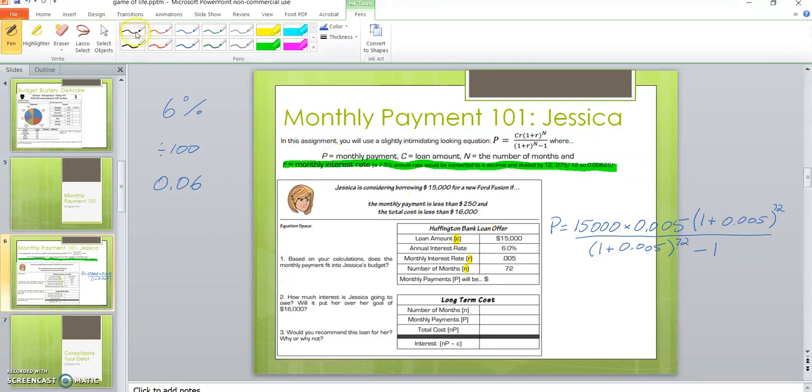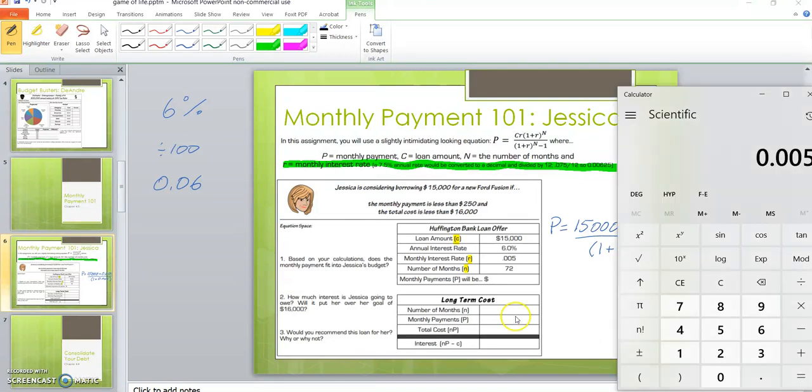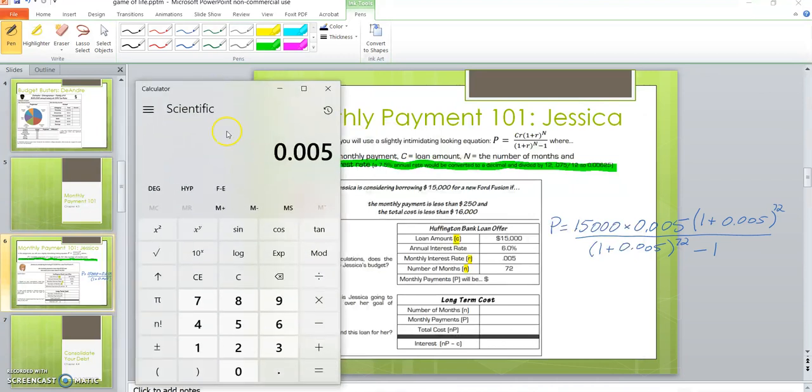A very important thing to remember in this equation is that we are going to be doing the brackets first. So I'm going to take out my calculator and type in what's in the brackets first: 1 plus 0.005. That's what this gives us.